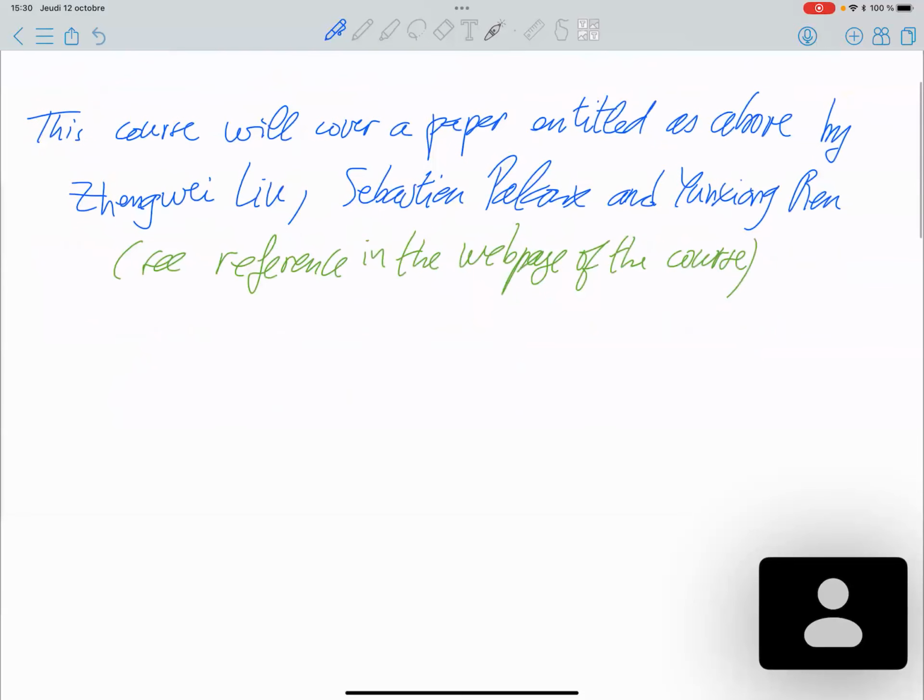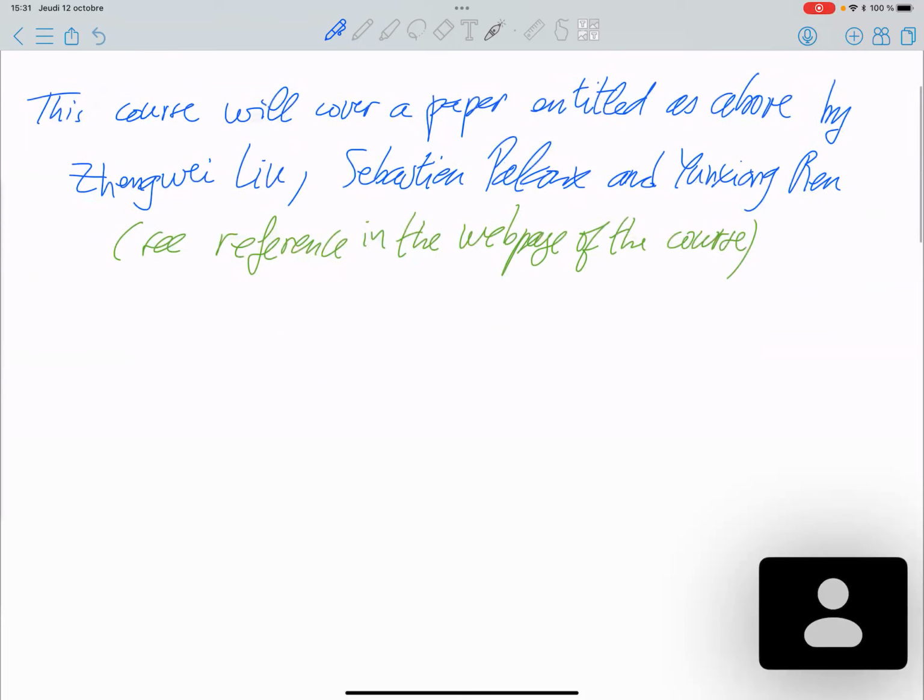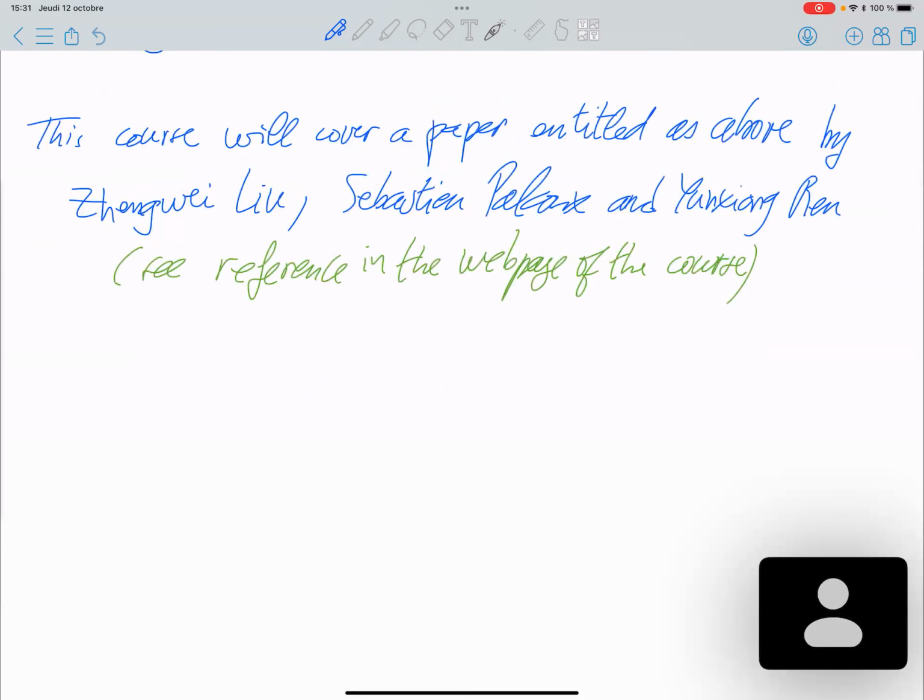So we will briefly recall the definition of a fusion ring and fusion categories, but for more details, you should see the web page, where there is a link to the last semester course, video and slide, in particular the beginning, where we review all the definition in details of fusion category, etc.